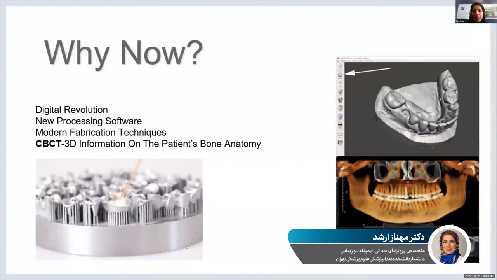The procedure is very precise, and we can rule out the problems we had with subperiosteal implants in the past. In the new generation, the survival rate is much higher, and we can help people who don't have sufficient bone.